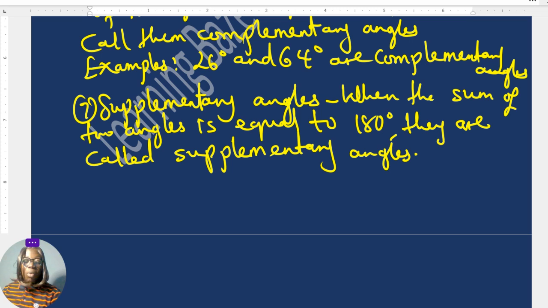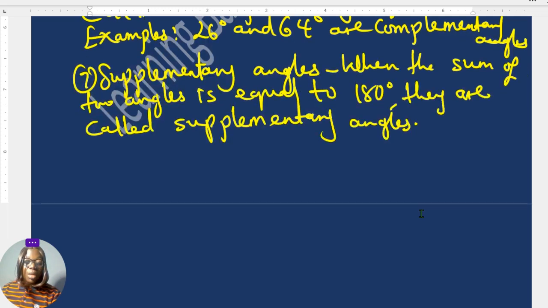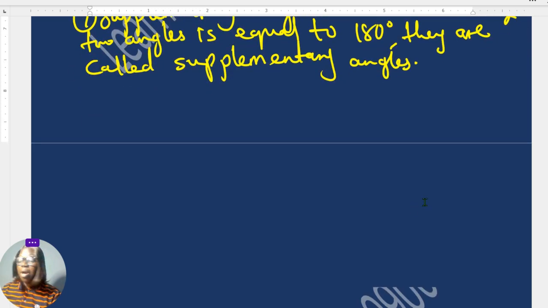Now we have more to learn under geometry, but this is the foundation that I have to lay for you so you can understand this, because by the time we proceed, you will need all these for the explanation of the shapes whose angles, both interior and exterior angles, would be found.